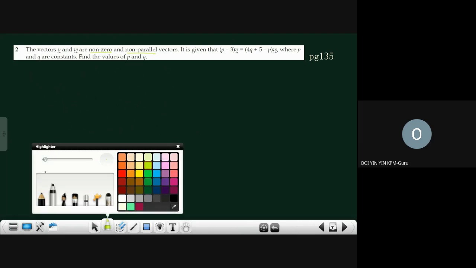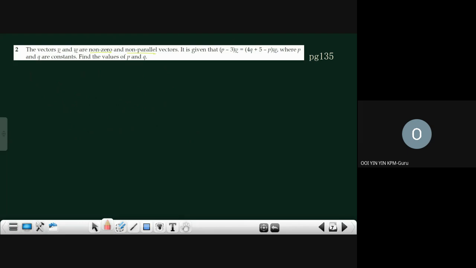Okay, this one is what we have done yesterday. You still remember what I told you before, right? If it is non-zero, you understand that means there is a value here. Non-parallel, when two vectors are non-parallel, actually they cannot be written as equal together, right? The only time that they can be written as equal together is when this equals to 0 and this here also equals to 0.